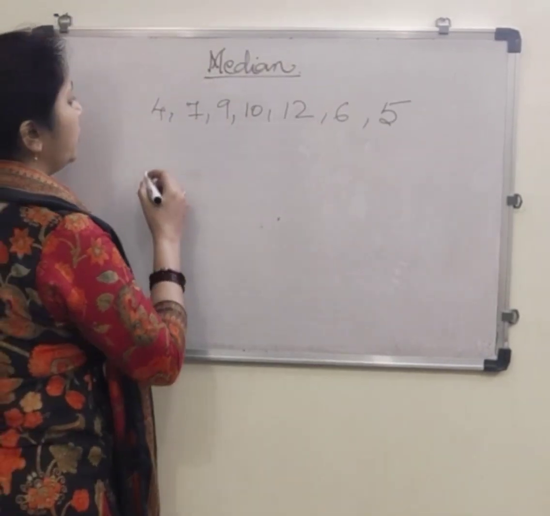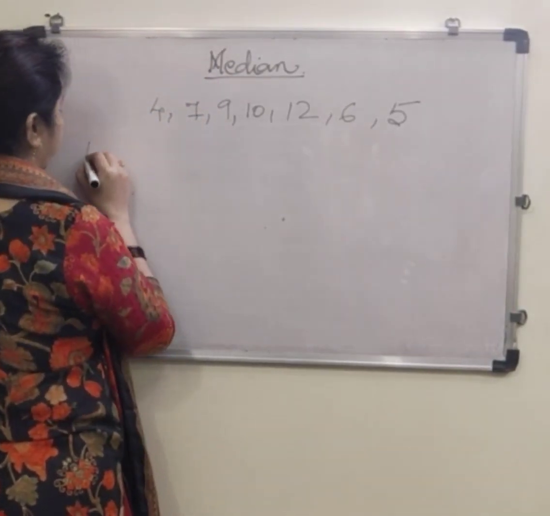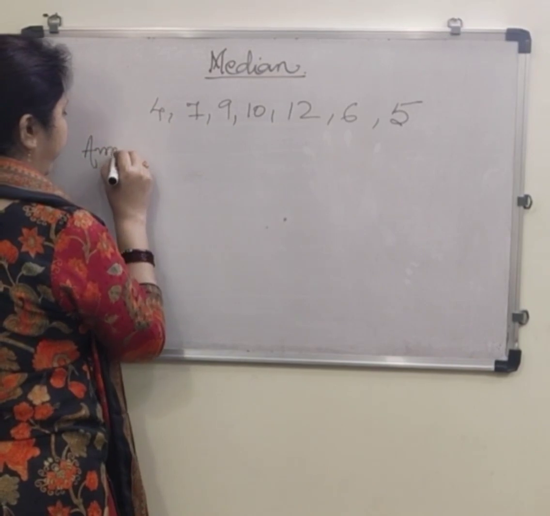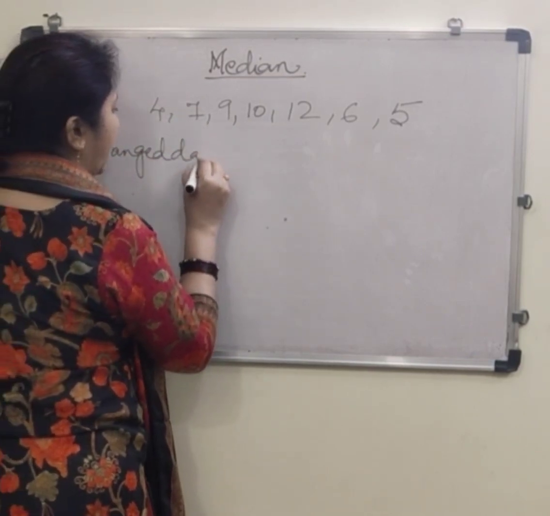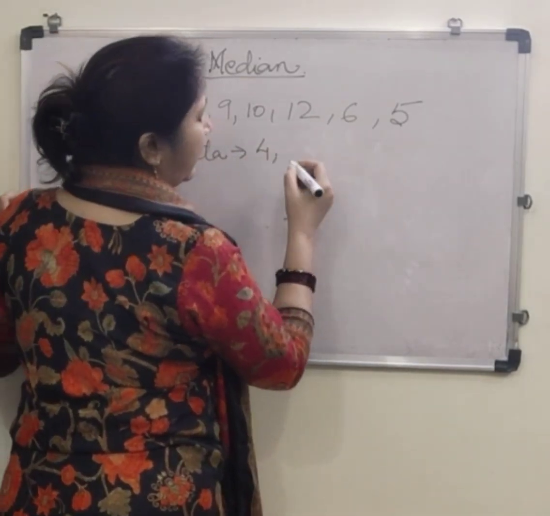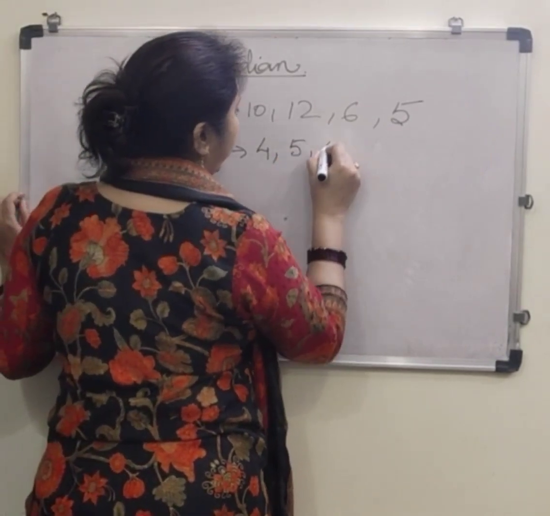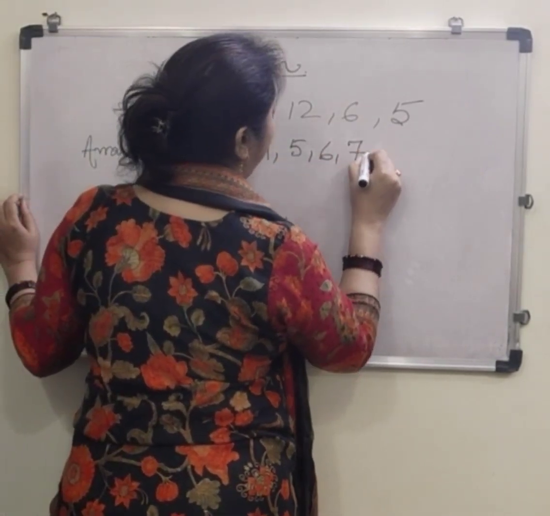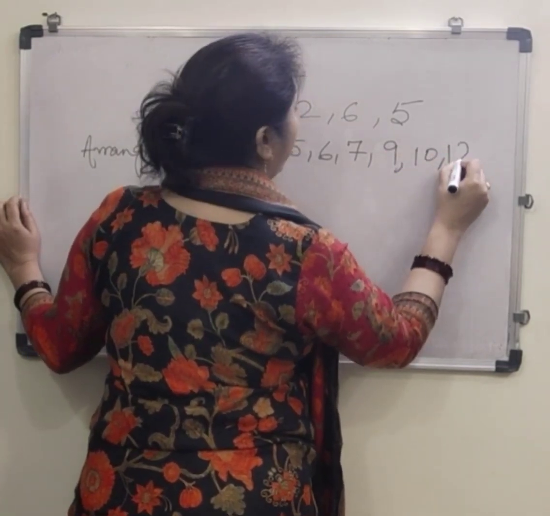So let's perform the first step, arrange data. Our arranged data, in ascending order, would be 4, 5, 6, 7, 9, 10 and 12.